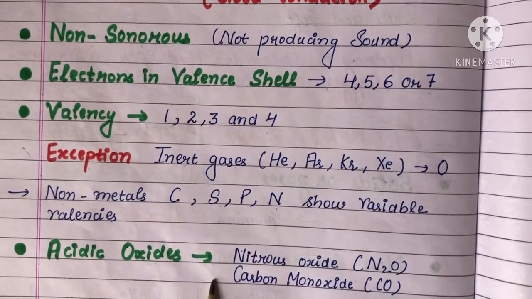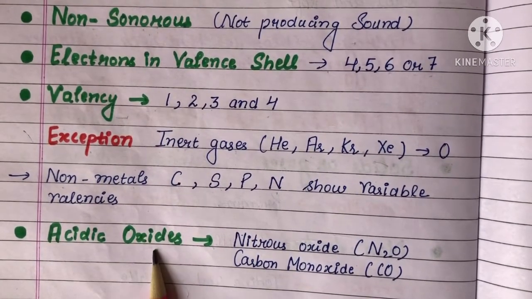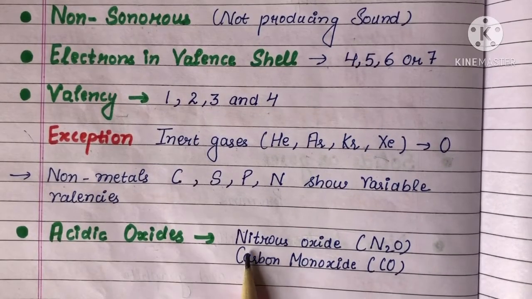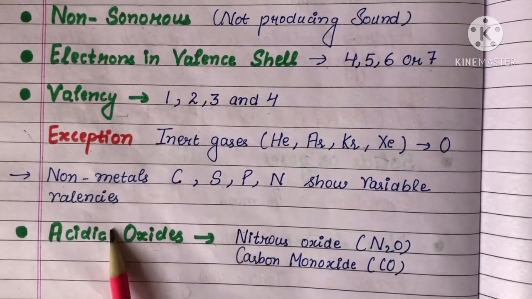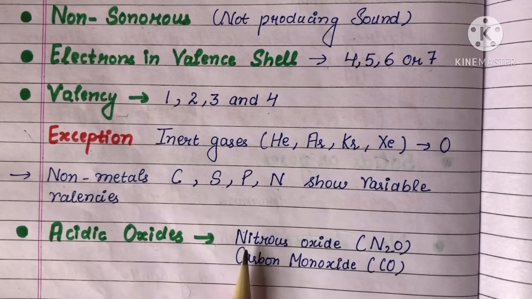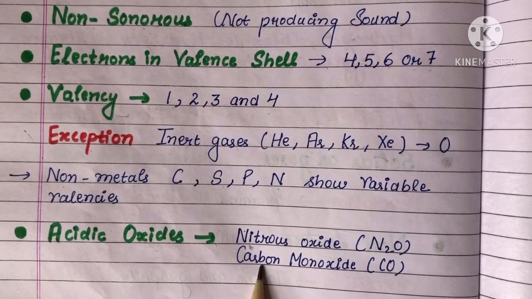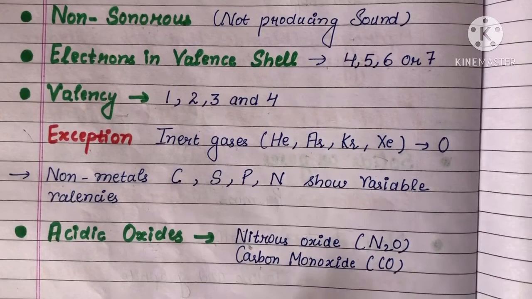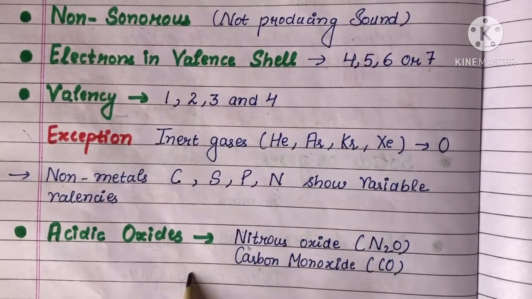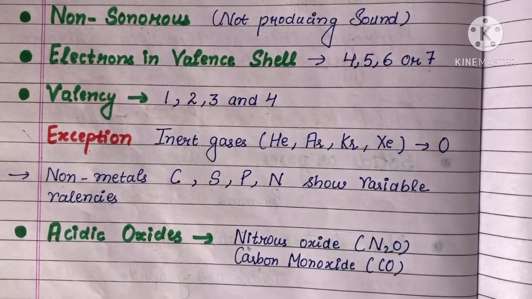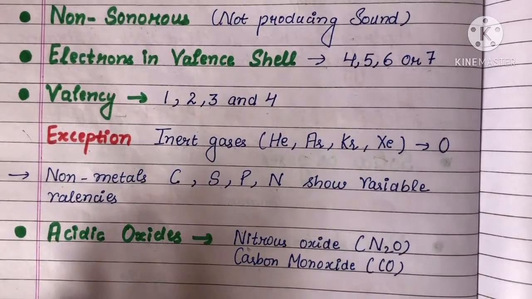Next point is acidic oxides. Non-metals form acidic oxides like nitrous oxide and carbon monoxide. These are the acidic oxides that are formed by the non-metals. From these properties you can say that the properties of non-metals are opposite to those of metals.